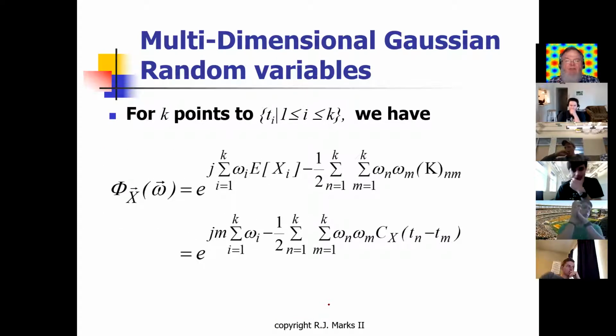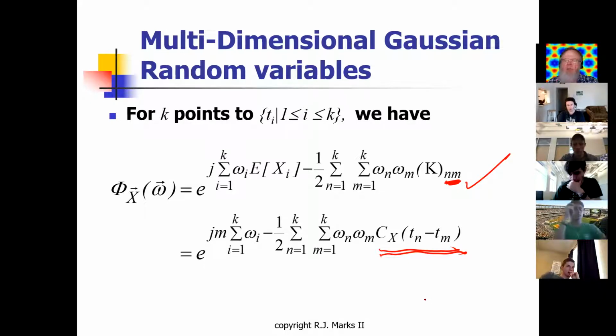So here is kind of a fancy way of doing it. Here is the autocovariance matrix at least from the characteristic function point of view. We could have done this from the probability density function, but here we don't have to deal with the inverse of the autocovariance matrix. So the nmth element of the autocovariance matrix is equal to the autocovariance of the stochastic process, which we can compute for the wide sense stationary assumption.